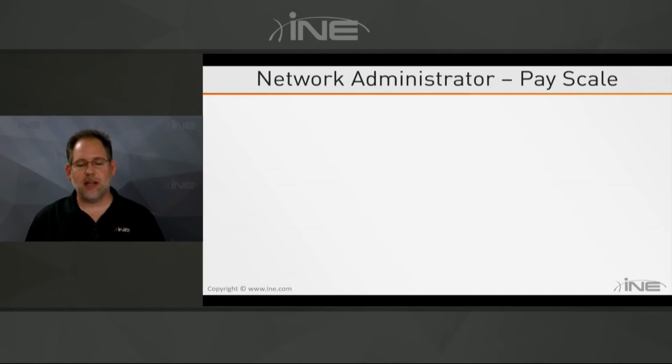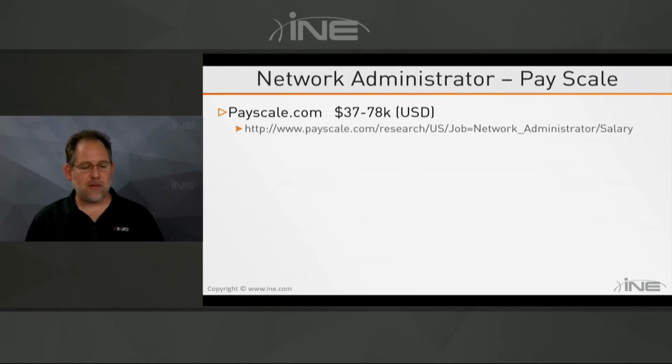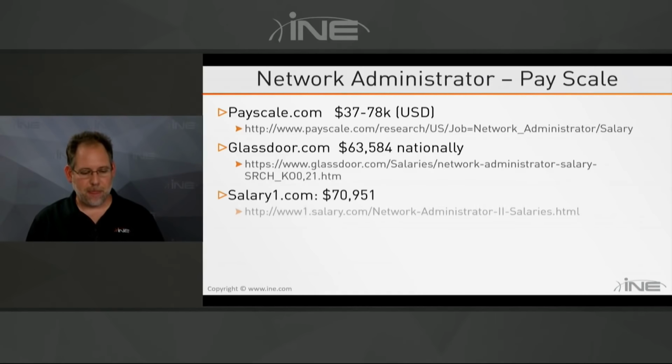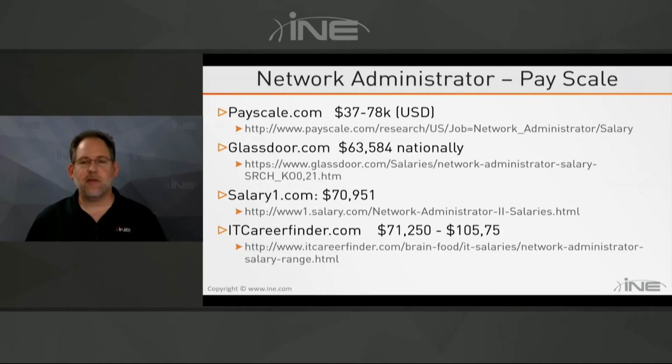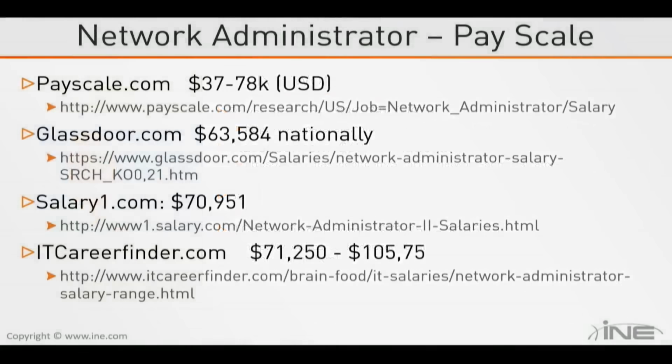Now, if that describes you, let's talk about network administrator. I just gathered this here from some different websites, and you can feel free right now, I'll go ahead and expand this, to take a snapshot of that if you want, and then go directly to those websites. You can see that the pay scale for a network administrator is fairly wide.